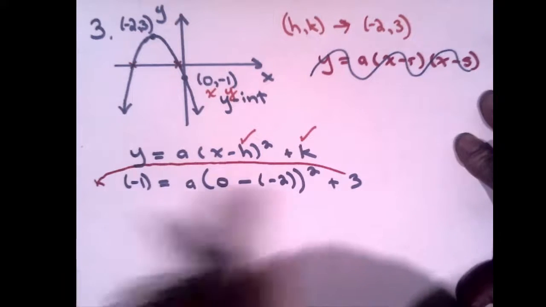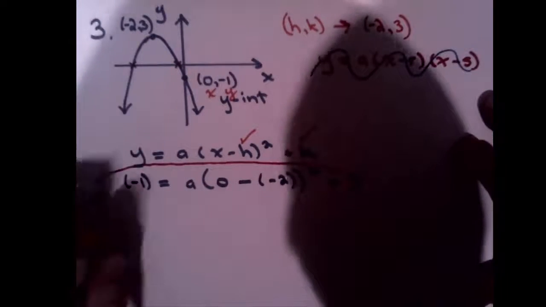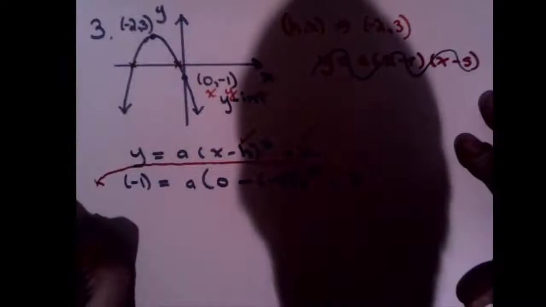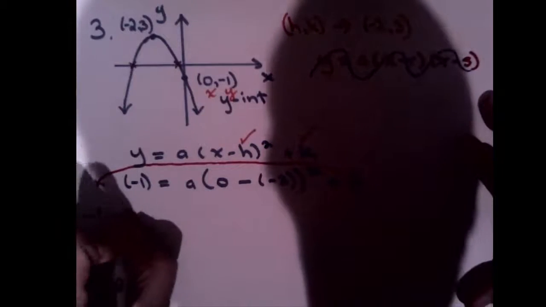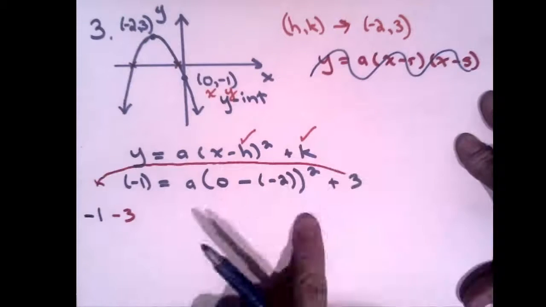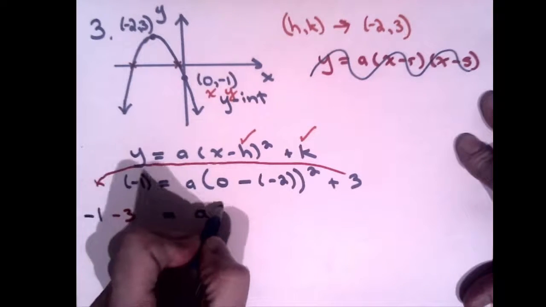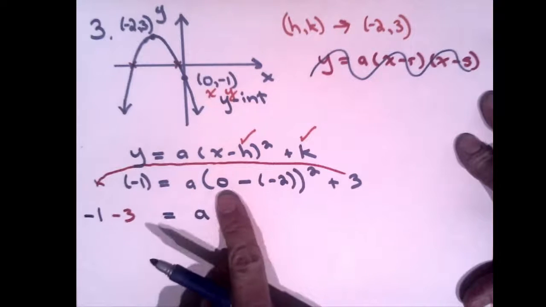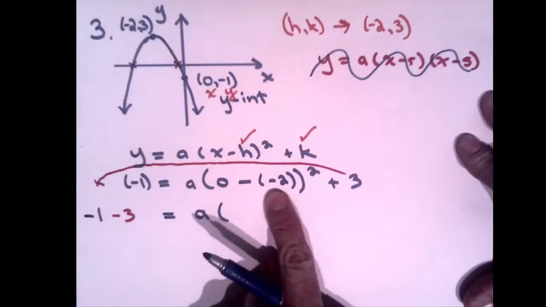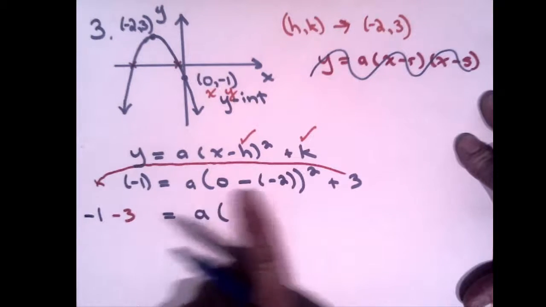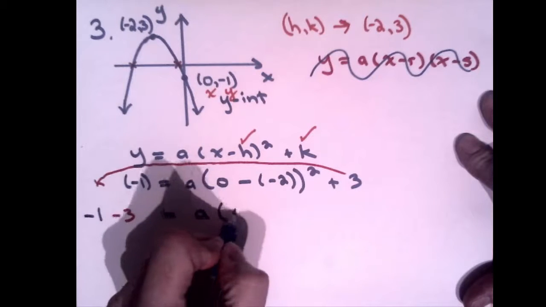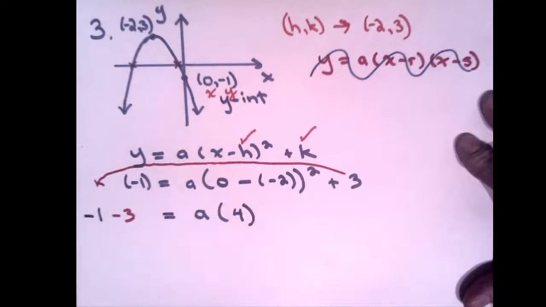First thing is this 3 is going to go over to the other side. The goal is to only have numbers on that side, and then we'll leave only a on this side at the end, okay? When it comes over, it becomes the following. You have a minus 1 there, so the minus 1 stays there, and you now have to subtract the 3. Change sides, it changes its sign, okay? A is still here. Let's work out the bracket now. 0 plus 2, well, that's 2, and when you square it, you get 4. Well, that just became this, okay?